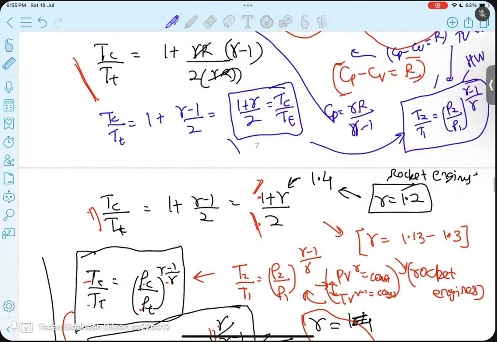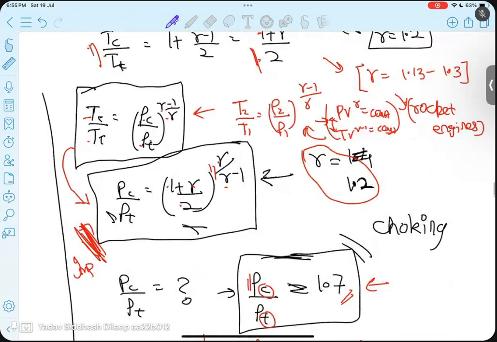So you get Tc by Tt as 1 plus gamma by 2, and Tc by Tt you substitute as Pc by Pt raised to gamma minus 1 by gamma. So you get this equation finally: Pc by Pt equals 1 plus gamma by 2 raised to gamma upon gamma minus 1. Now, for rocket engines, the value of gamma is basically 1.13 to 1.3.